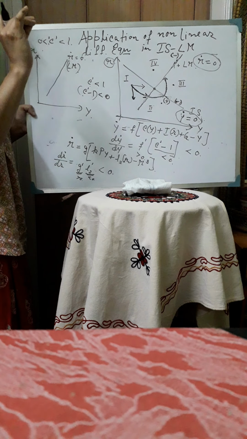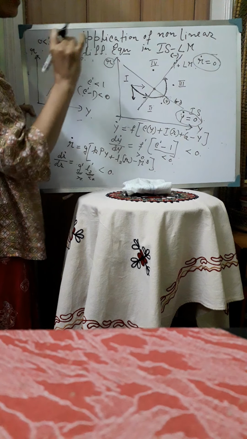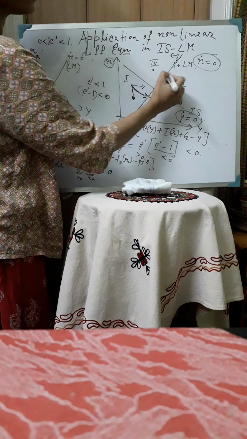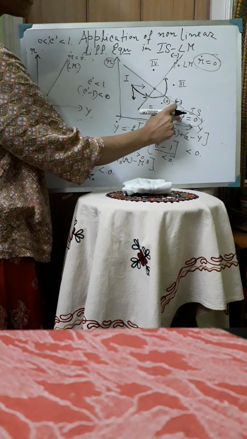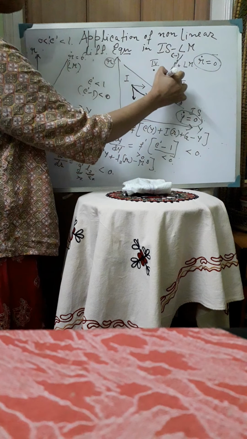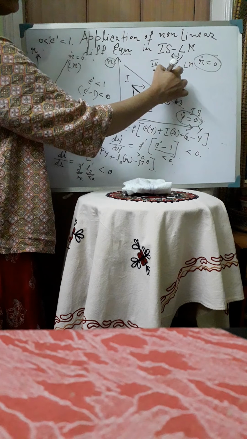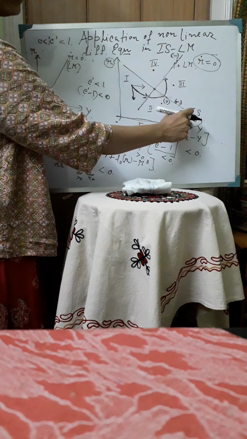Now there will be a change in the value of Y, value of income, to get the equilibrium in the goods market. Now how will Y change here at this point? Now at this point we can observe from the IS curve, which represents Y dot equal to 0, the value of Y dot is negative here. Now for restoring the equilibrium in the goods market, the value of Y dot should rise from negative value to 0 value.